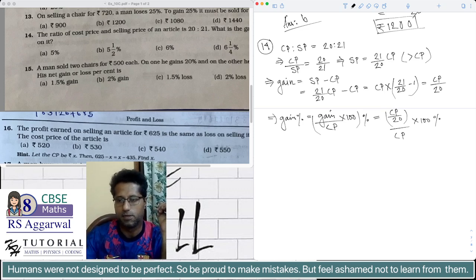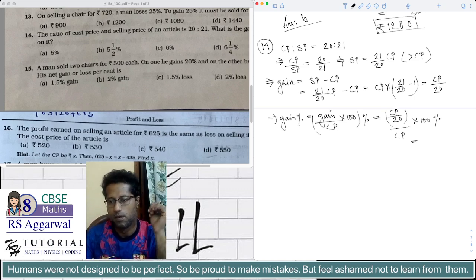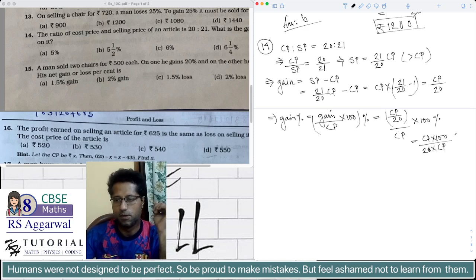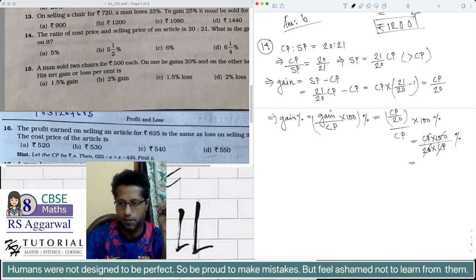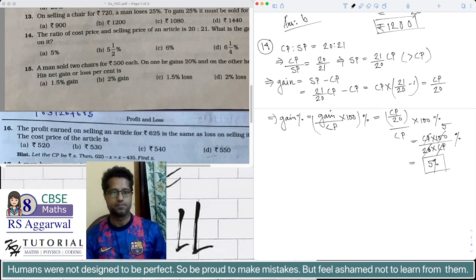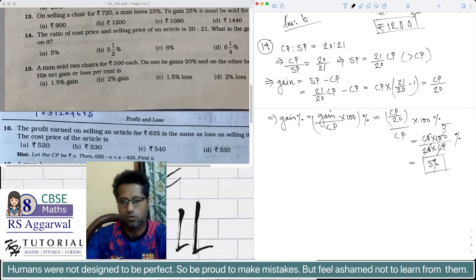This is equal to CP multiplied by 100 divided by 20 multiplied by CP, this much percentage. CP cancels out, 20 divides 100 with 5. So it is a gain of 5%, and hence the correct choice is A.